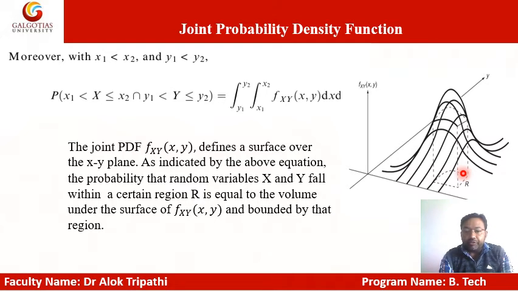So if we integrate the joint probability density function for this region, what will we get? We'll get the volume under the surface f_XY(x, y) which is bounded by the region R. So actually we are getting the volume of this dotted region under the surface.